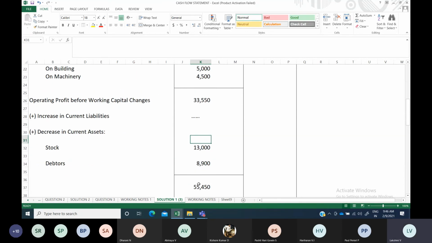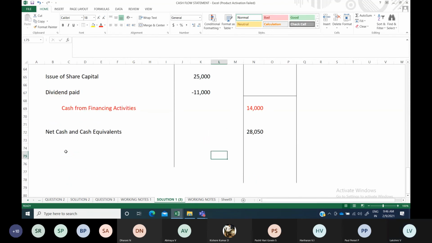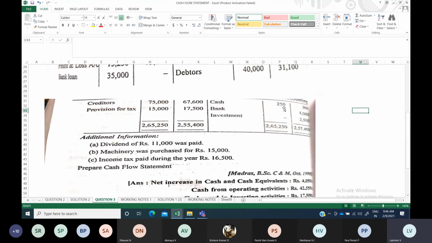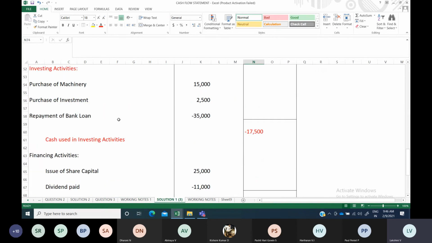Initially I got the answer for this while working out. Actually we should be getting 250 only here. So after adding, purchase of investment has to be shown as an outflow. See here, purchase of investment we didn't show as an outflow.